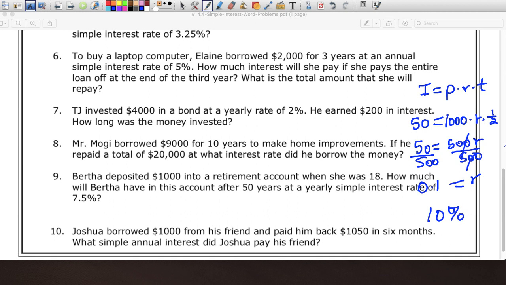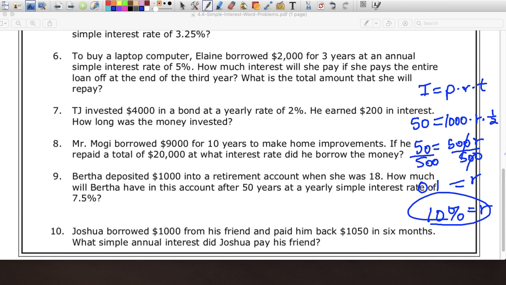Hang on a second. Principal was 1,000. The rate I don't know. The time was 6 months or a half, 0.5. Sorry. That was 500. That's right. And then the interest was 50. Yeah, 10% was the rate.